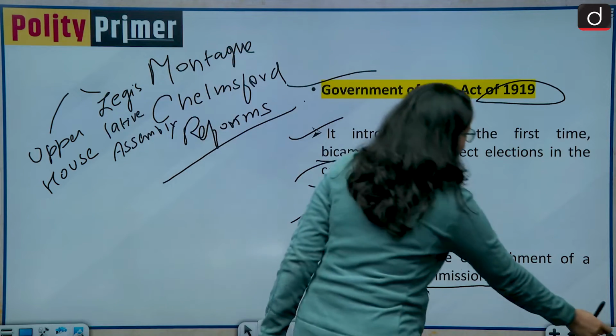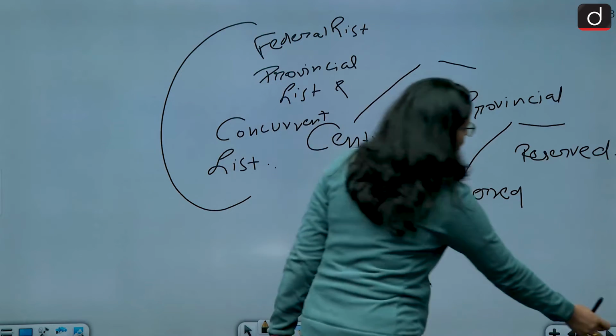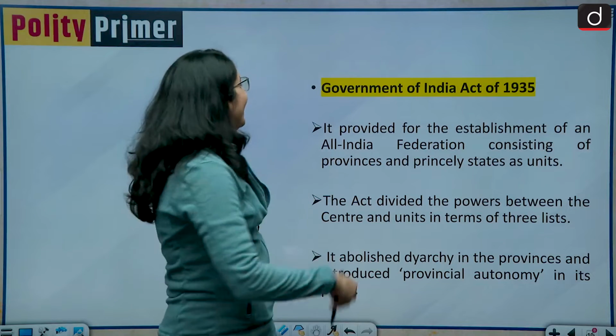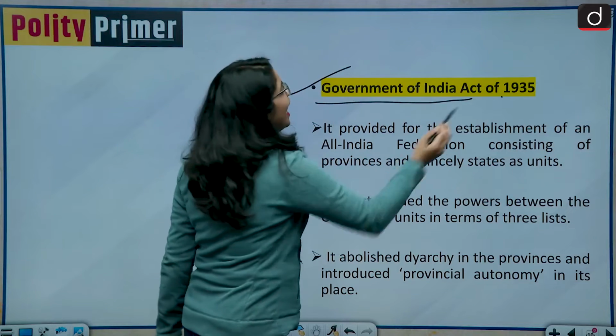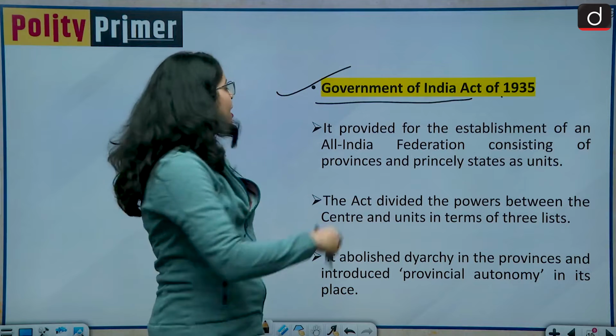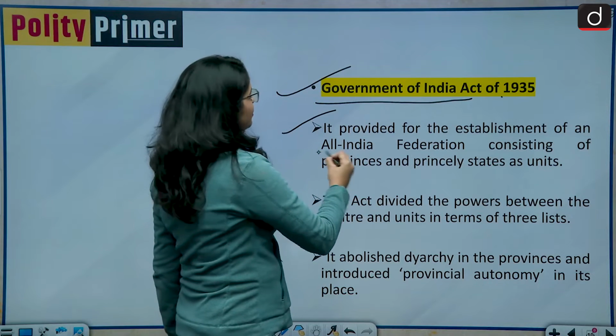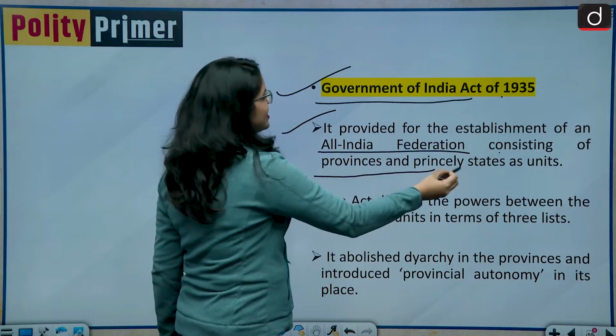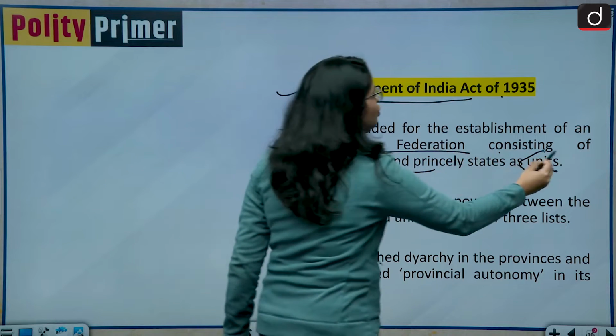Then moving forward, let us discuss one of the most important acts that has shaped our Indian Constitution today, and that is the Government of India Act of 1935. Firstly, it provided for the establishment of an All India Federation consisting of provinces and princely states as units.